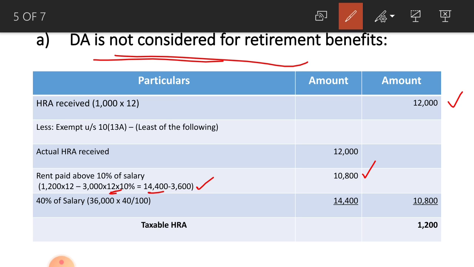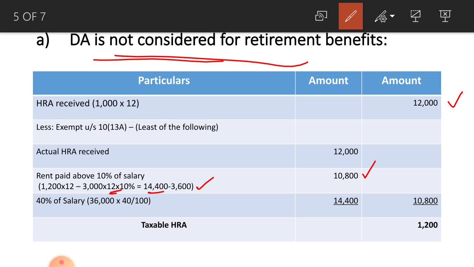That means for other than metropolitan city, 40% of salary to be considered for the calculation of exempted HRA purpose. So 40% of salary means 36,000, that is 3000 into 12 into 40% of that amounts to rupees 14,400.